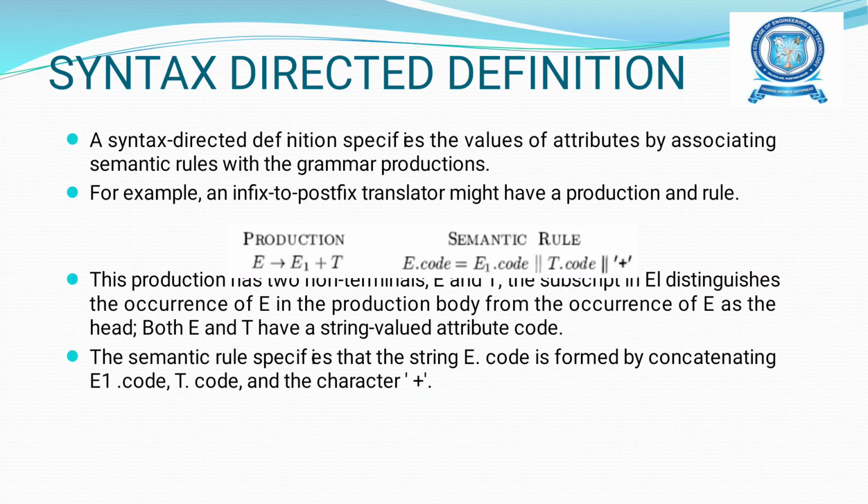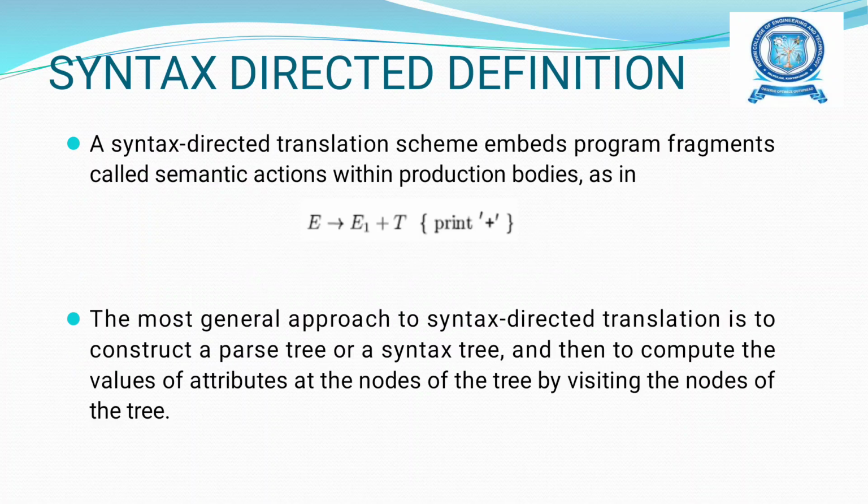Both E and T have the string value attribute, code. So the semantic rule specifies that the string E dot code is formed by the concatenation of the E1 dot code and T dot code with the character plus.